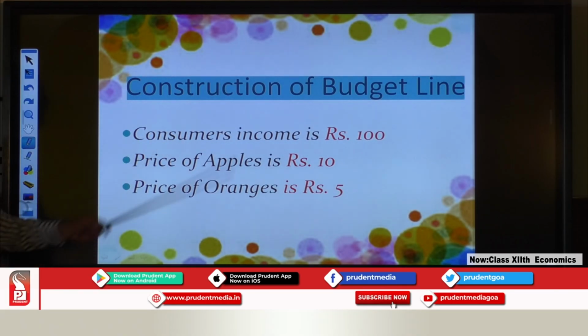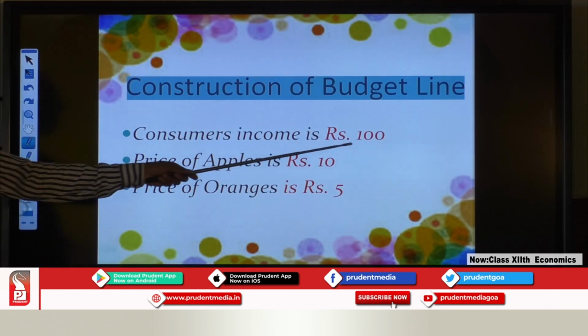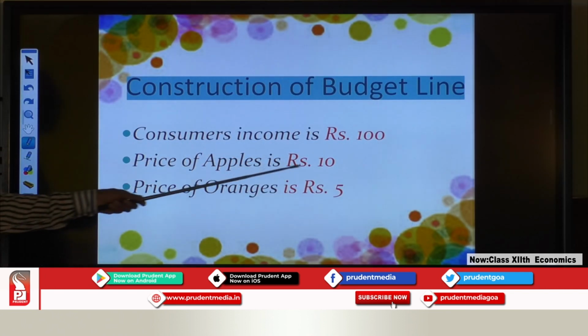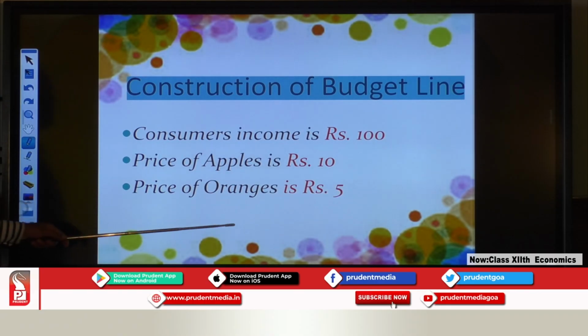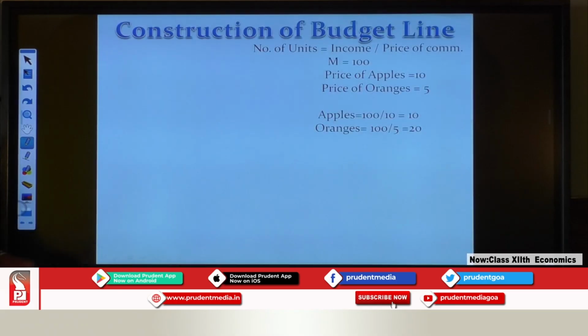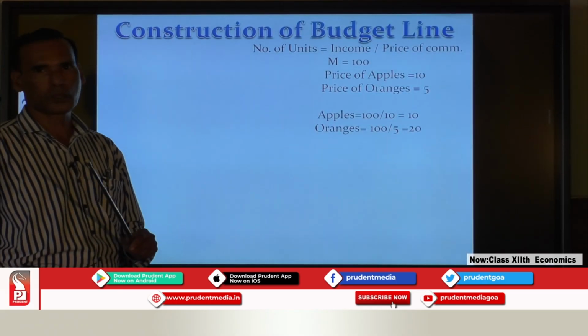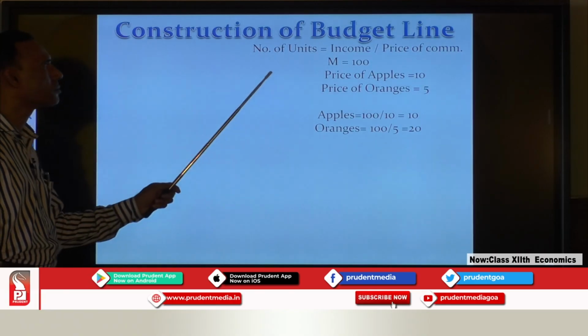Now, construction of the budget set. Let us learn how to construct a budget line. The consumer's income is 100 rupees, the price of apples is 10 and the price of oranges is 5. Here you need to do a little calculation.